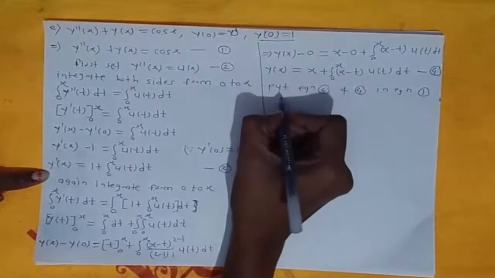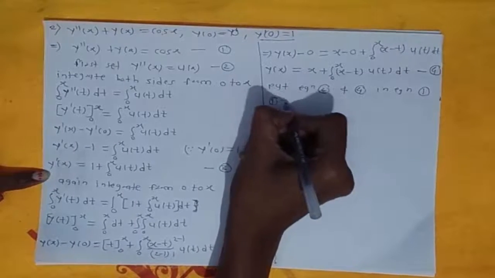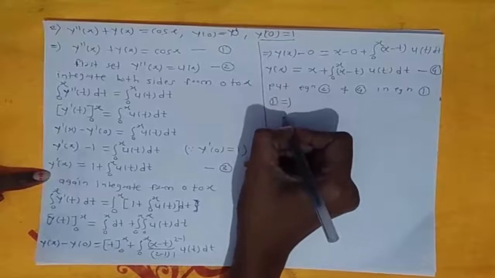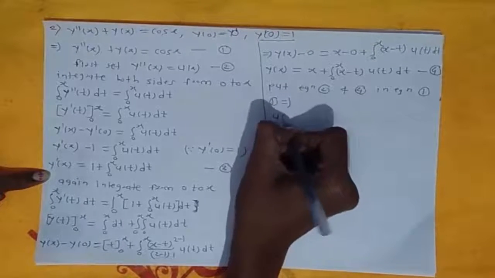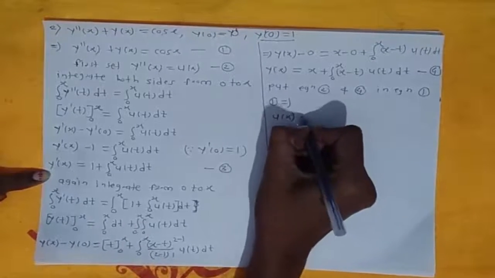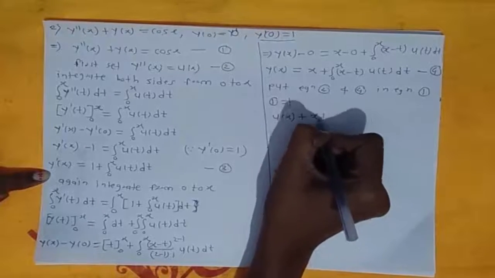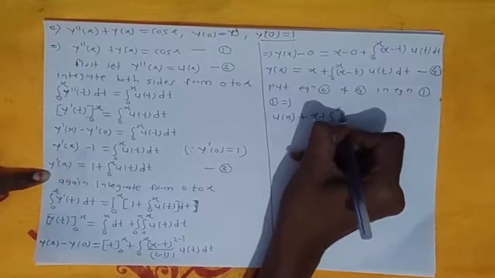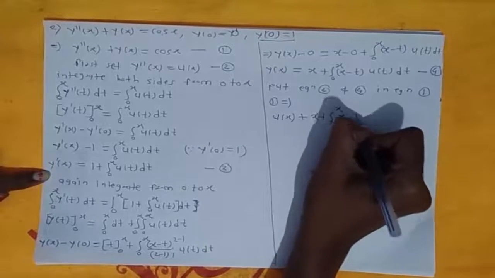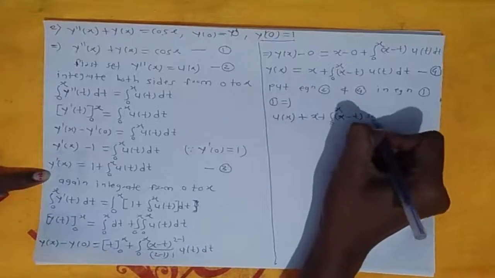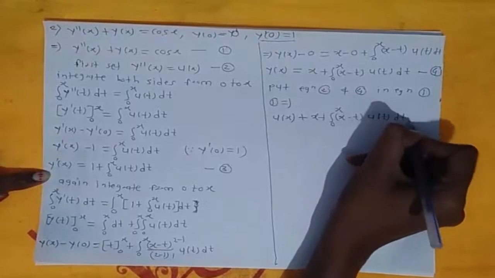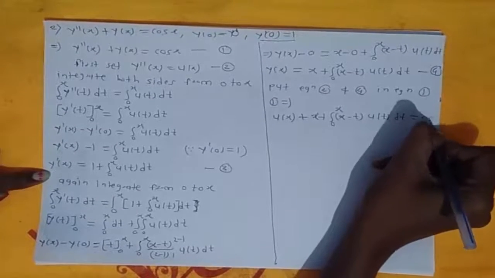Equation number 1 becomes u of x plus the value of y of x from equation number 4, that is x plus integration from 0 to x of (x minus t) u of t dt, is equal to cos x.